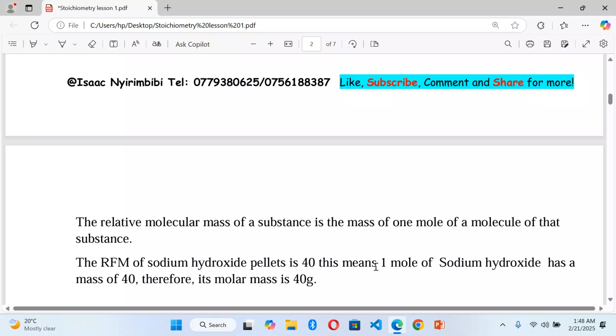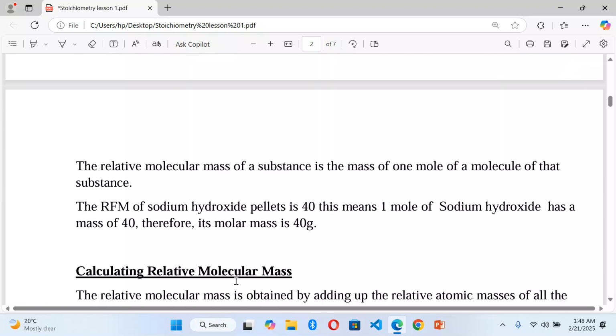This means that 1 mole of sodium hydroxide has a mass of 40. Therefore, its molar mass is 40 grams. That is the difference: molar mass is 40 grams, but relative formula mass is 40. The relative formula mass has no units, but molar mass has units. So that is the difference.